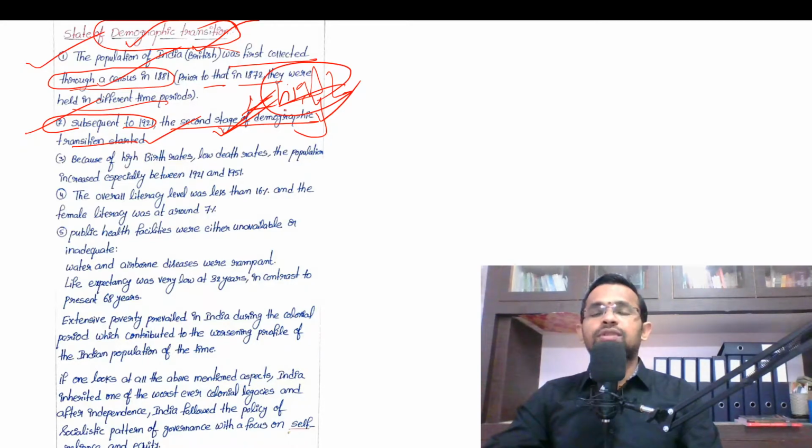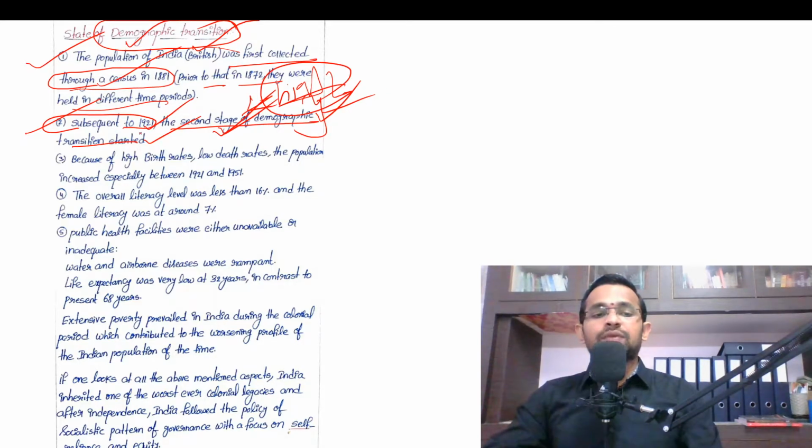There were huge death rates. However, after 1921, due to improvements in health facilities, some vaccination programs, etc., the death rates started declining.